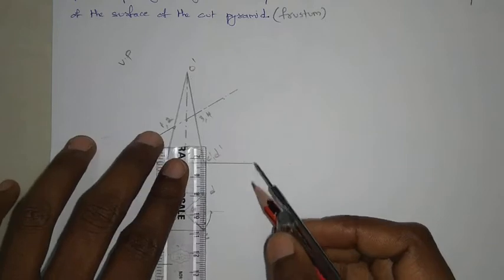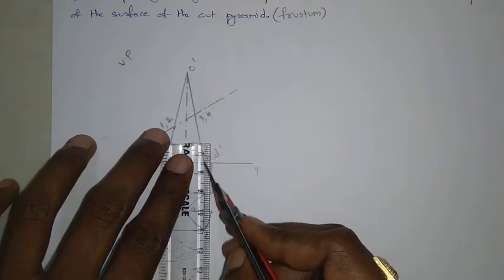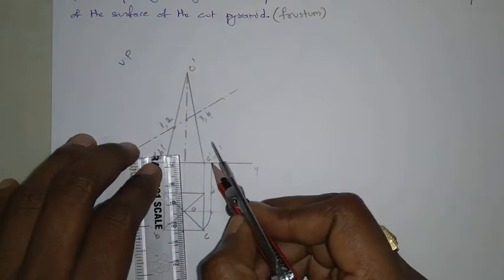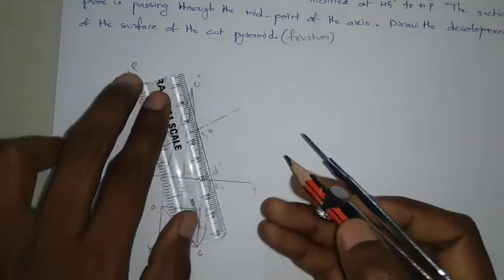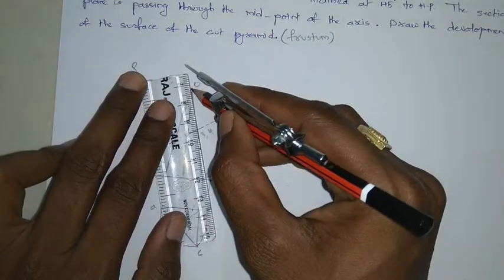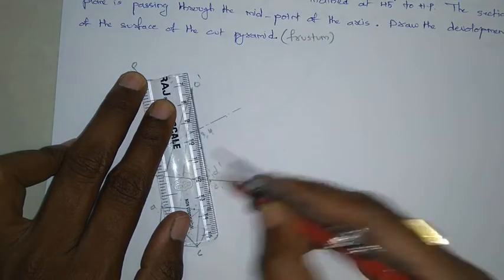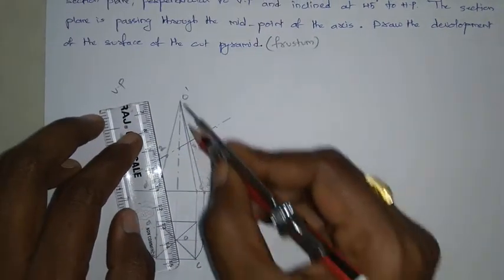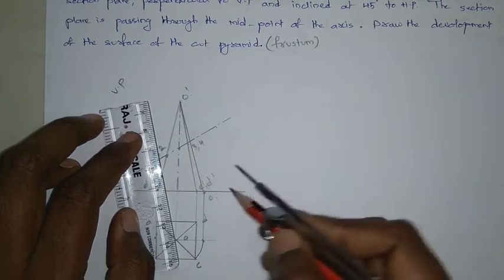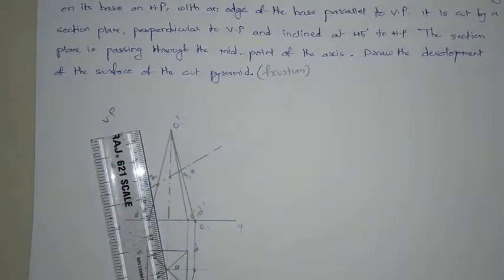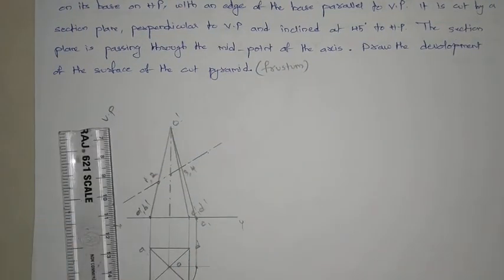So from here draw a straight line. Let this point be C1, and now join this. So this distance O dash C1 will become the true length of slant edge.